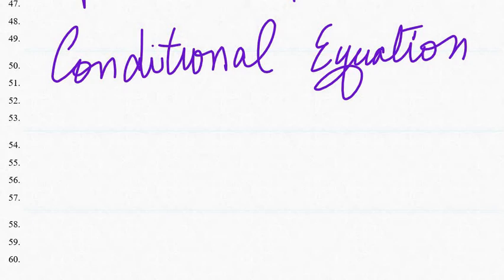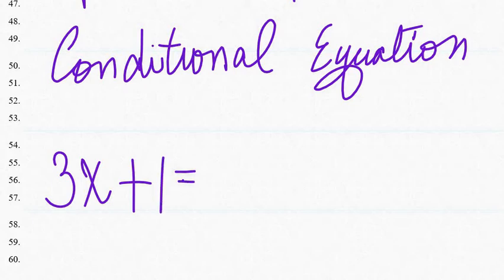Conditional equations can have no solution, one solution, or many solutions. Here's an example. 3x plus 1 is equal to 3x plus 10.